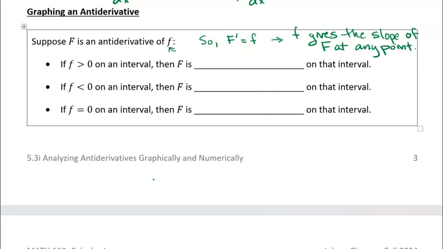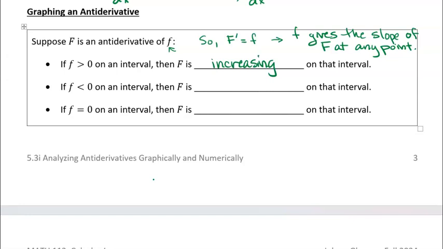Okay. So, given that, let's think about if lowercase f, that's our derivative of the capital F, is positive, greater than 0 on an interval, then that tells us that capital F, the antiderivative, is increasing on that interval.